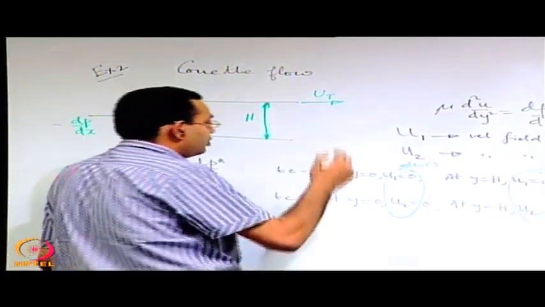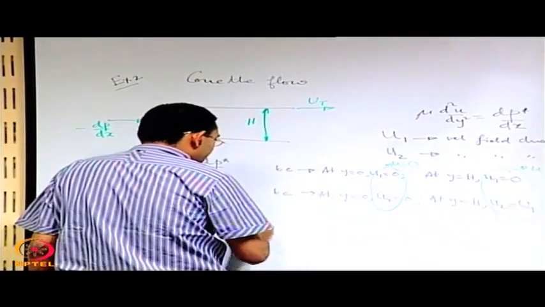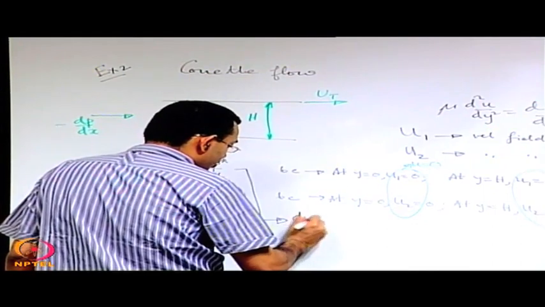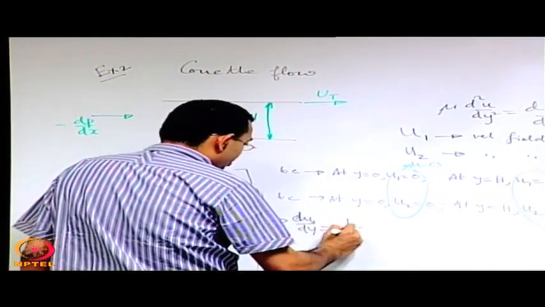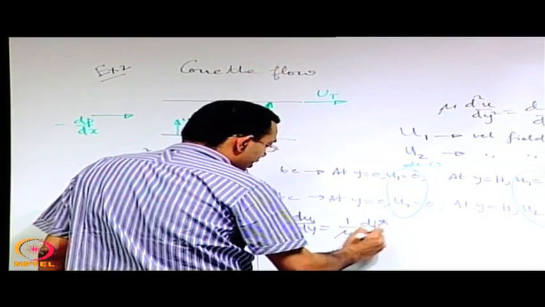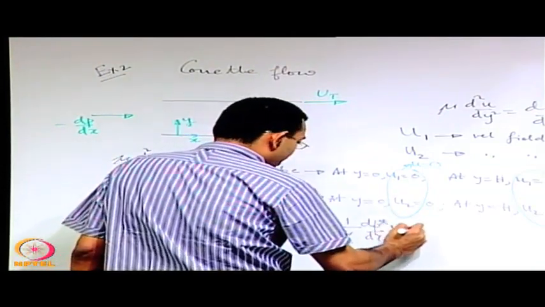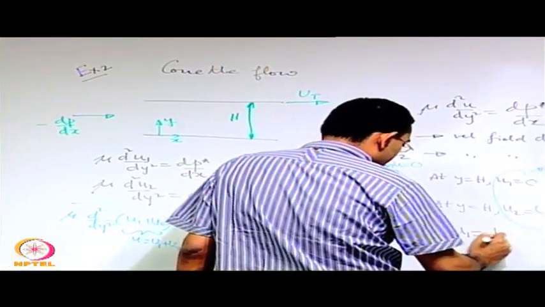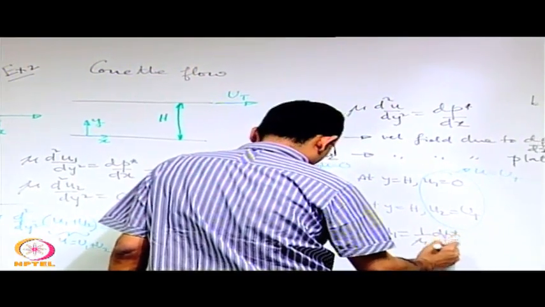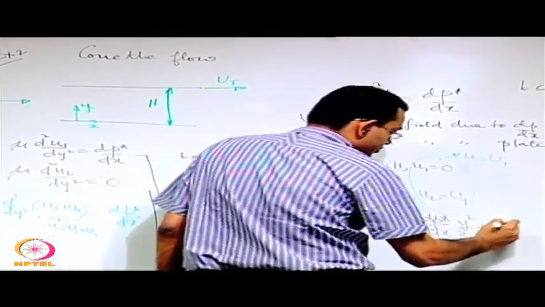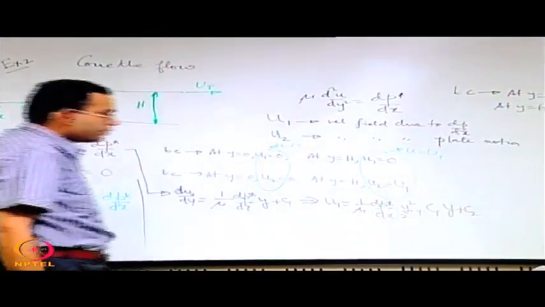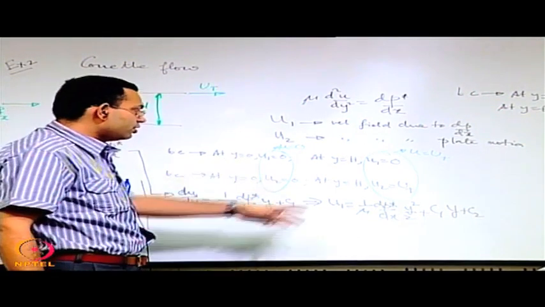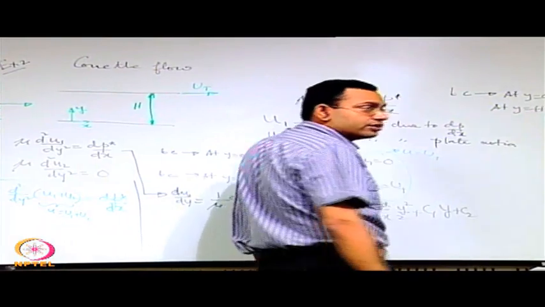So the u1 problem, if you want to solve, basically you have to integrate it once. So let us write du1/dy is 1 by mu dp*/dx into y plus c1, and u1 is equal to the next integral. Use the boundary conditions for u1. At y equal to 0, u1 equal to 0, that means c2 equal to 0.